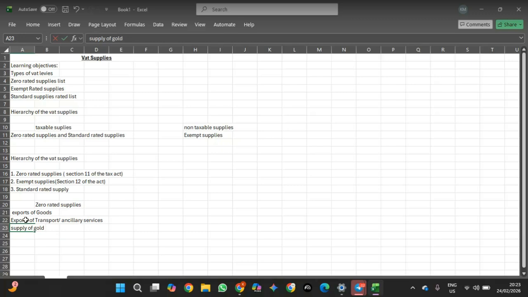You also have to remember that money is not a good. Even though it was stated in the goods part of the act, it was excluded as part of the goods. So anything that is money to money, you do not charge any VAT on that, right? So it's the same thing with the supply of gold.